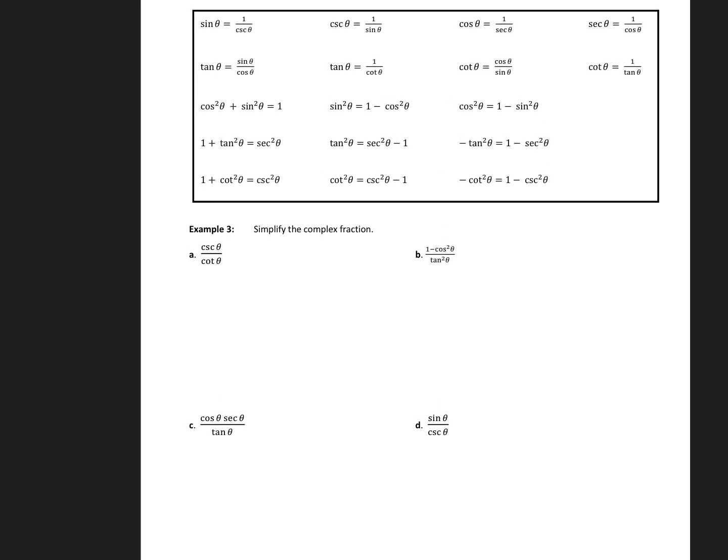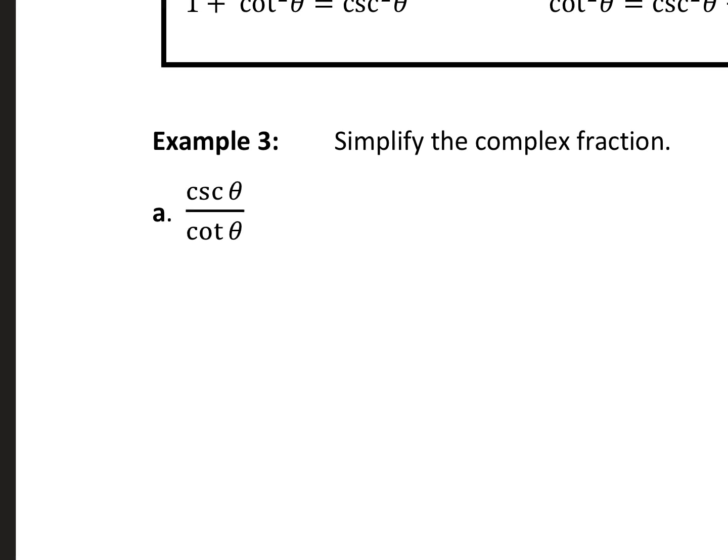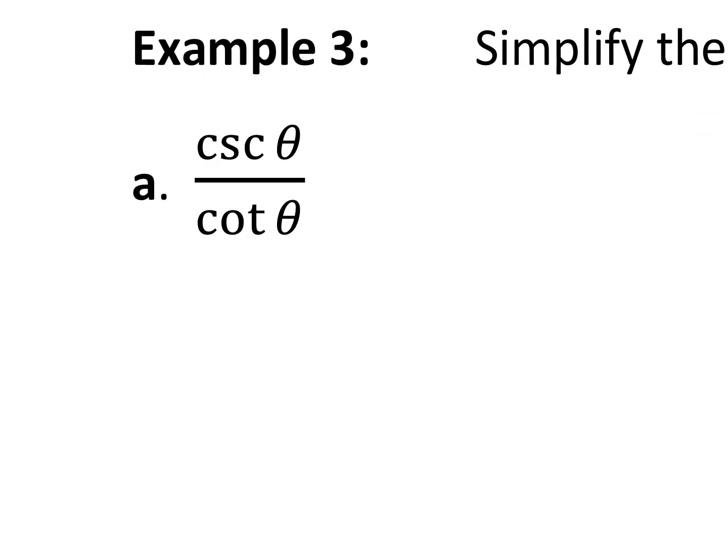So on the next page, we are simplifying the complex fraction. So we're pretty much doing the same thing. We want to simplify. What can I do to simplify? I can change cosecant to 1 over sine. So I can change cotangent to cosine over sine.